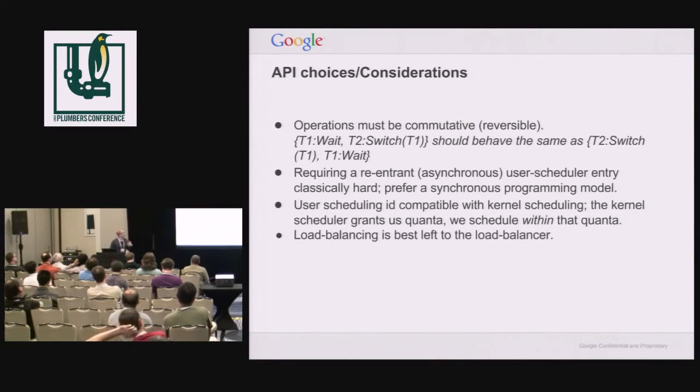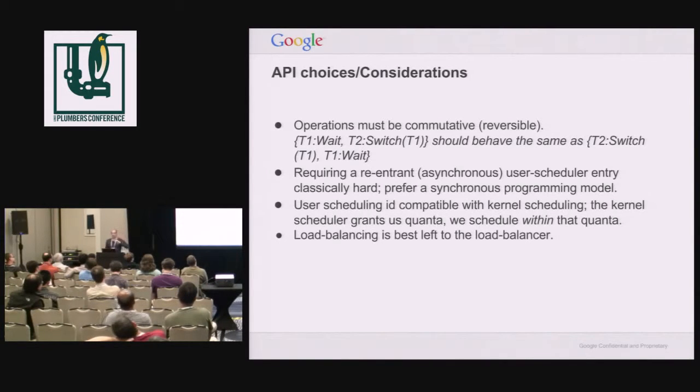There are a few other interesting considerations that you have to make with such an API. The first is that you actually want your waits and switches to be reversible. What I mean by that is if I switch to something that's not waiting yet, you want it to queue. The reason for this is that you've implemented some user scheduling on top of these primitives in user space, where you're multiplexing your own threads and doing these fast switches between them.